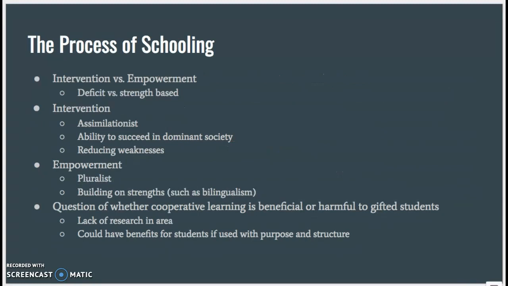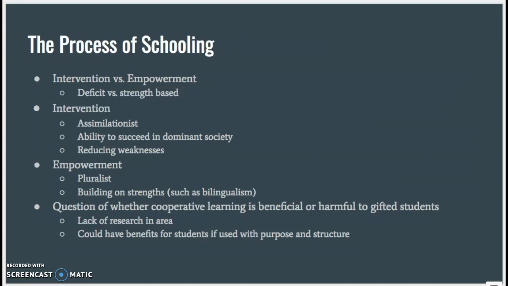And then the process of schooling was looked at. So there's intervention versus empowerment. The intervention approach is deficit-based, and this looks at weaknesses of students and tries to reduce these weaknesses and give them skills and build their ability to succeed in the dominant society. So this falls under the assimilationist perspective, while the empowerment perspective focuses on building strengths of students, such as bilingualism.